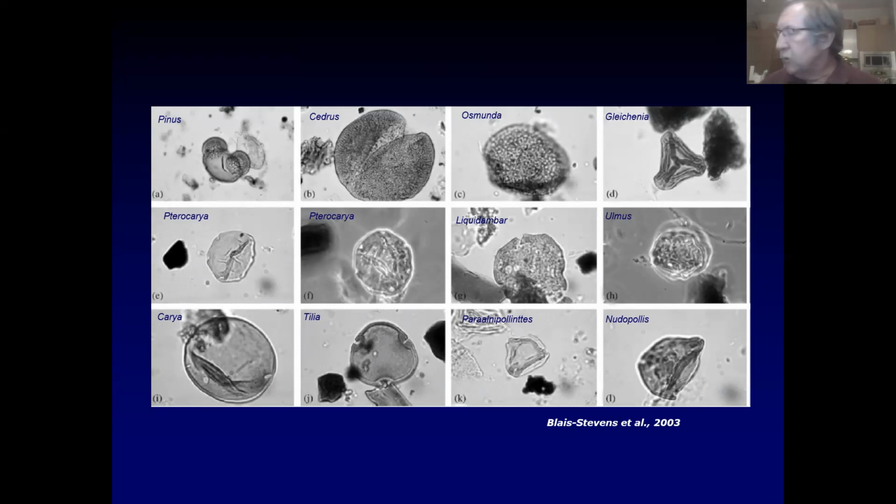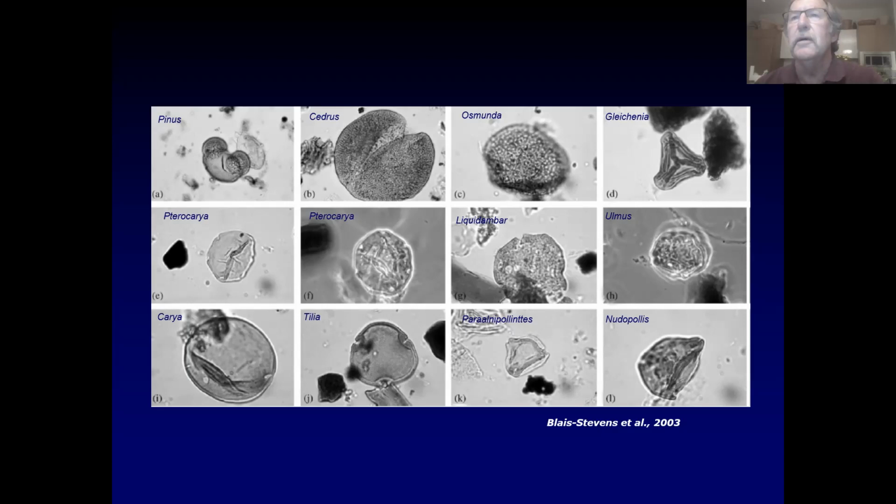And just to give you a sense for what these are, they're the spores and pollen of tertiary and late Cretaceous plants. Cedrus is true cedar. We don't have true cedar. We have western red cedar on the coast today, but true cedar is a foreign plant.